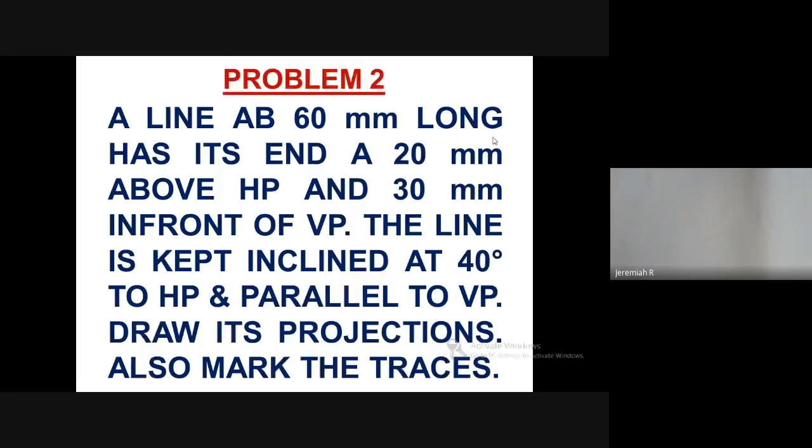Just copy this problem. The line AB is 60 mm long. It has its end A 20 mm above HP and 30 mm in front of VP. Full stop.